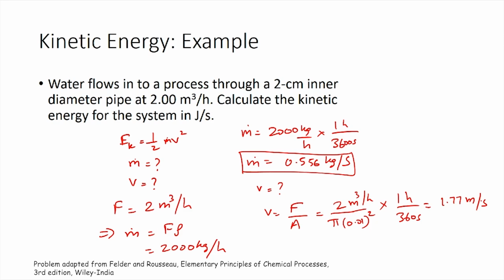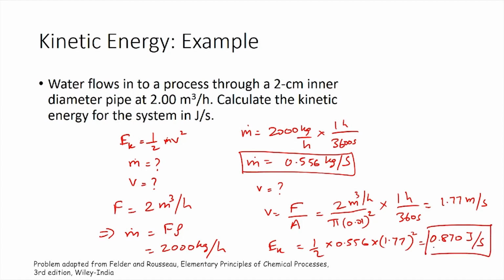Now that we have the velocity for the water flowing, we can calculate the kinetic energy as half times 0.556 times 1.77 squared, giving us a final value of 0.870 joules per second. So, this is the kinetic energy of the system.